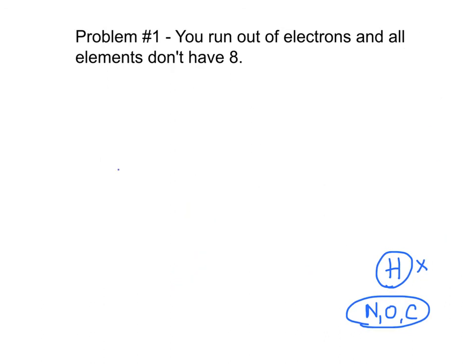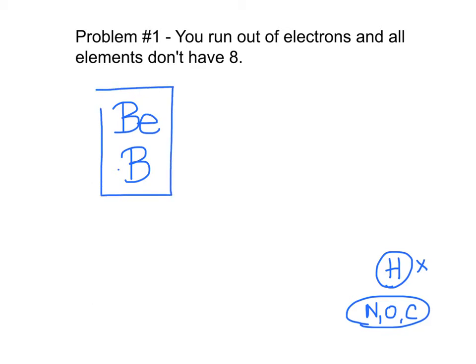One other comment on this: there are actually a couple of exceptions, 2 notable exceptions to this rule, that are beryllium and boron. It turns out that these two will be electron deficient. You will not get 8 around them, and it's okay. Beryllium is an exception.